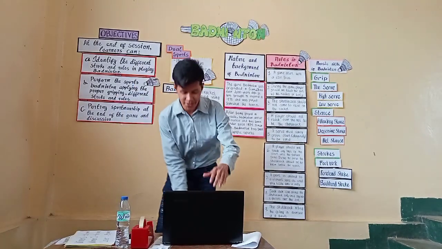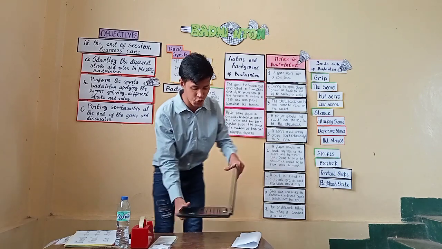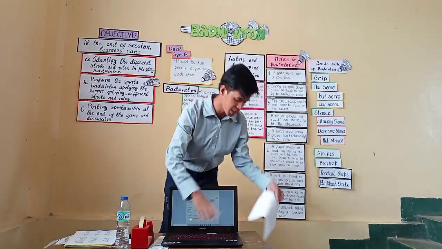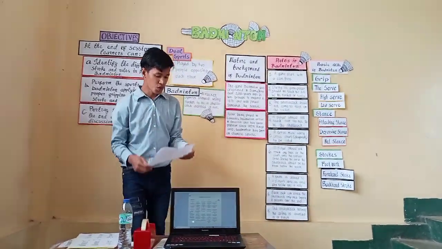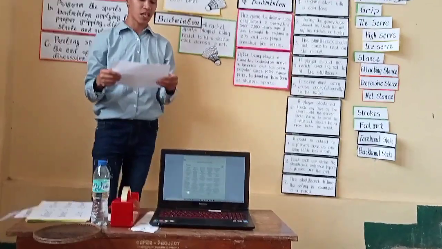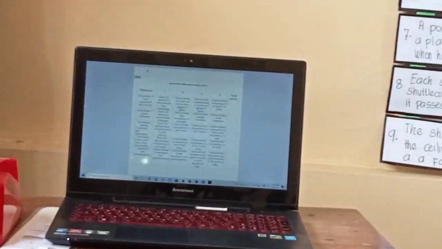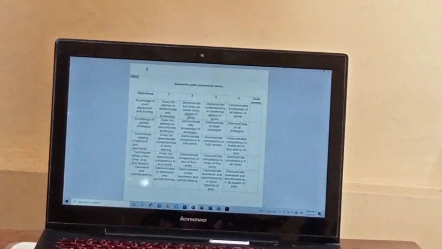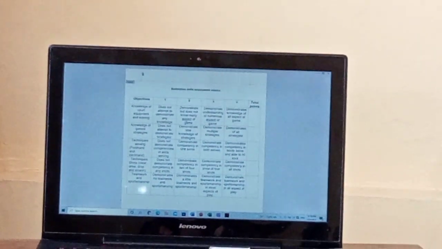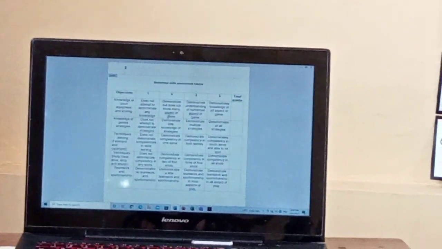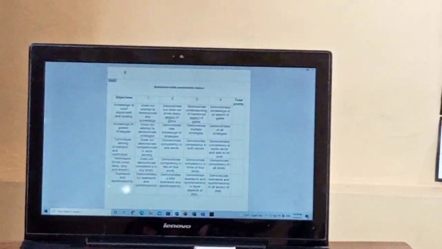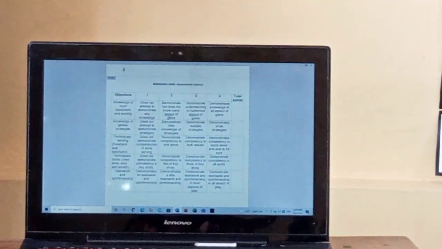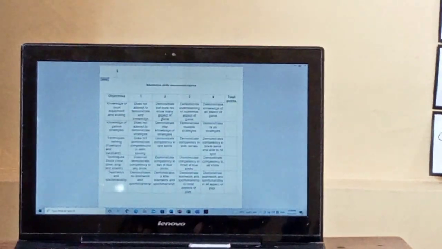So now this is your rubrics for you to be guided in your activity. In your objectives, there are the knowledge of court equipment and scoring, knowledge of game strategies, techniques, serving, including forehand and backhand, techniques, shots, clear, drive, block, and smash, and teamwork and sportsmanship.